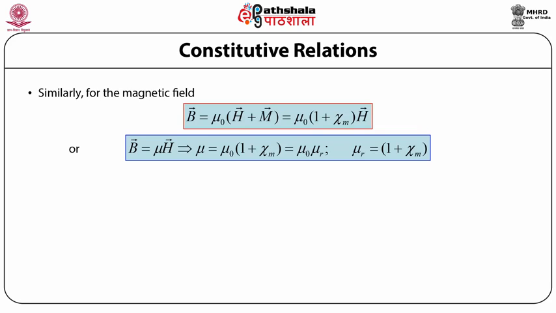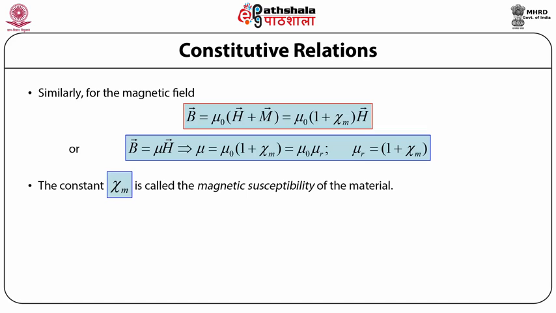Then the magnetic field induction vector B can be written as equal to mu times the magnetic field intensity vector H, where mu is equal to mu naught times (1 plus xi subscript M), and this is equal to mu naught times mu subscript R, where mu subscript R is 1 plus xi subscript M, where the constant xi subscript M is the magnetic susceptibility of the material.